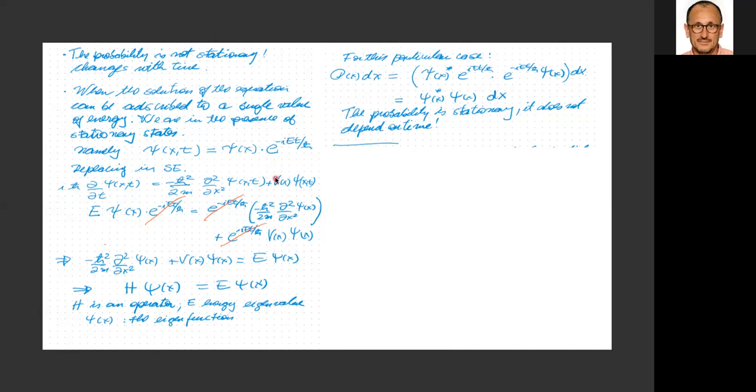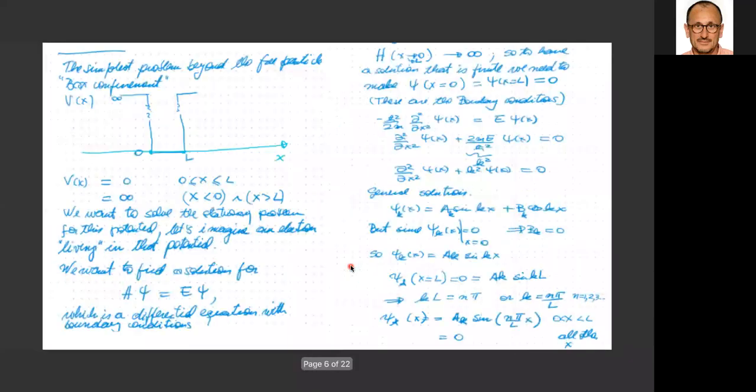But for the time being, I wanted to solve this equation for a particular potential. What potential? The infinite well potential. What is the infinite well potential? It is something that looks like this. The potential is essentially zero in a region of space between 0 and L, and it's infinite for all other values of x.